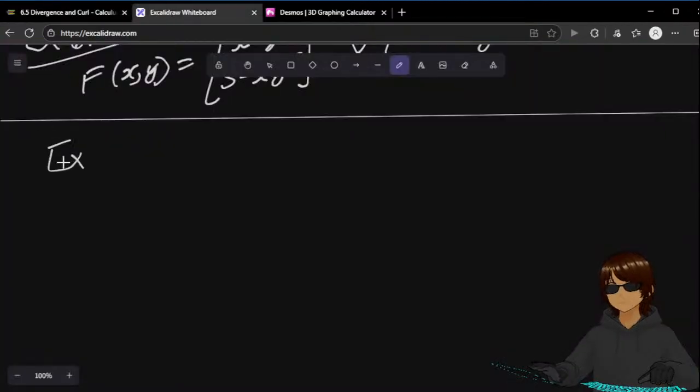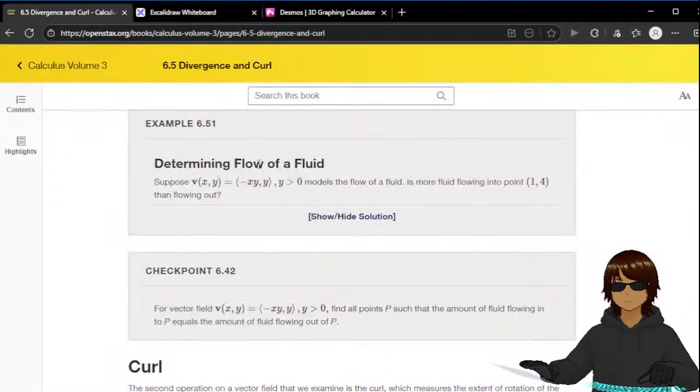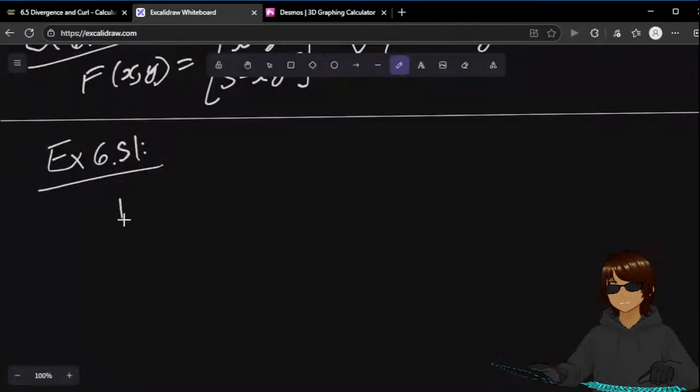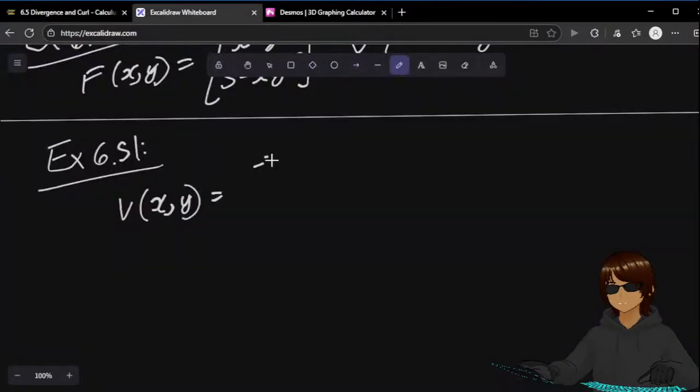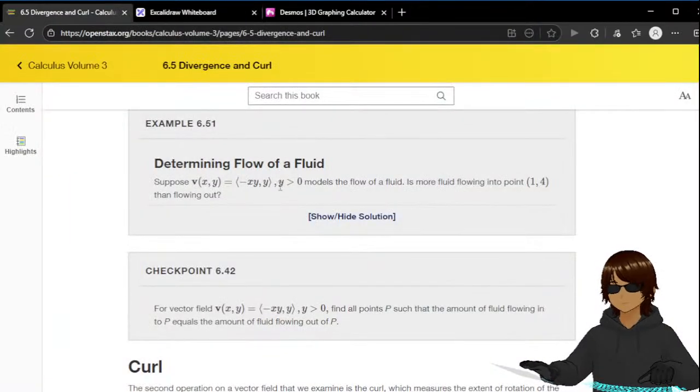Example 6.55. So this vector field V(x,y) = (-xy, ...) is defined like this only for y more than 0.